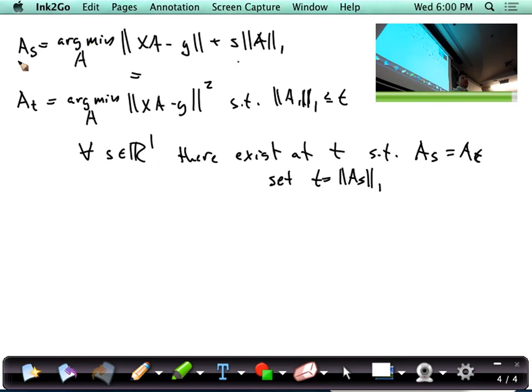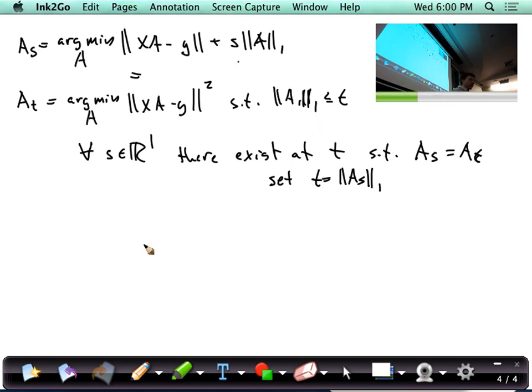All that matters is the output that gives the best solution. Okay, so this means as S is increasing, there's more penalty. That means I'm restricting the size of T to be smaller. So as S increases, T is going to decrease, and as T increases, S is going to decrease.